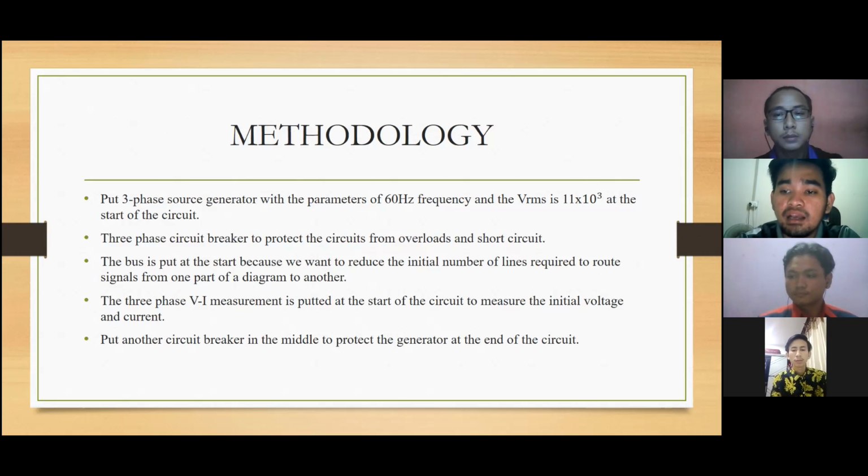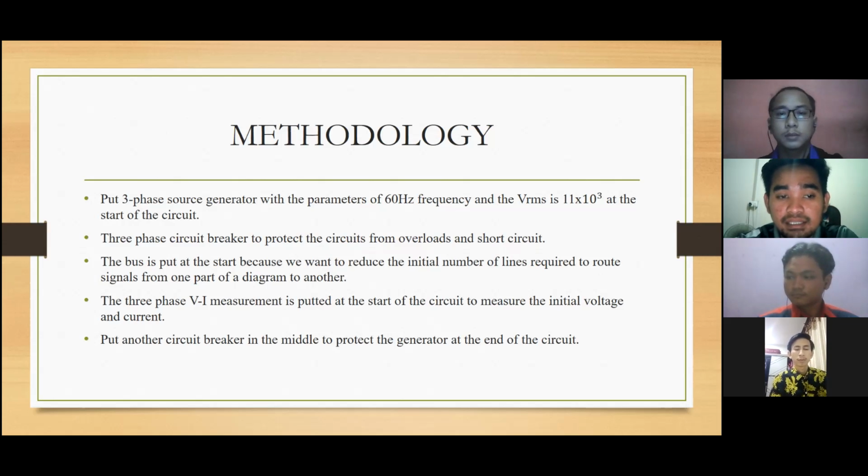After that, the three-phase VI measurement is put at the start of the circuit to measure the initial voltage and current. The scope at the start is used to show the initial voltage and current. Then put another circuit breaker in the middle to protect the generator at the end of the circuit.